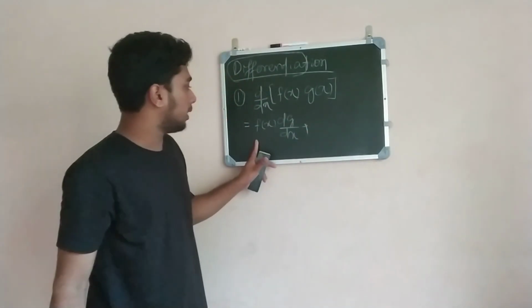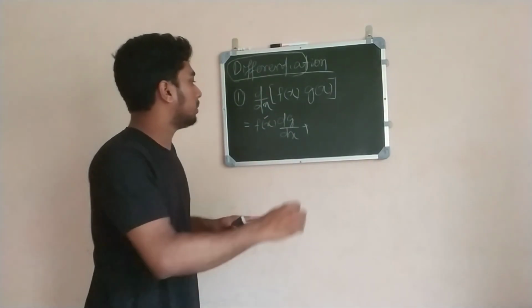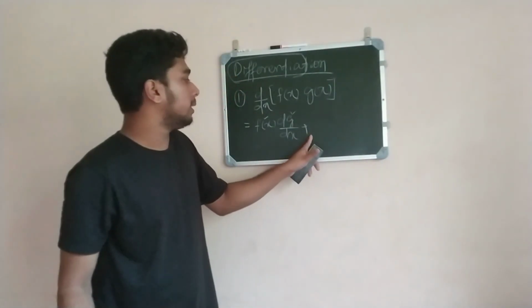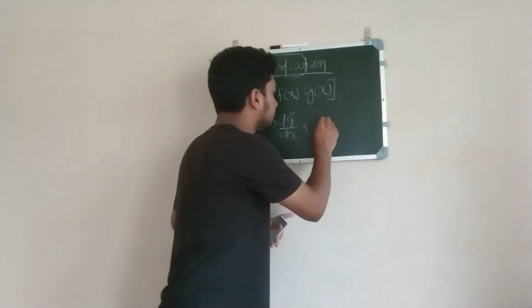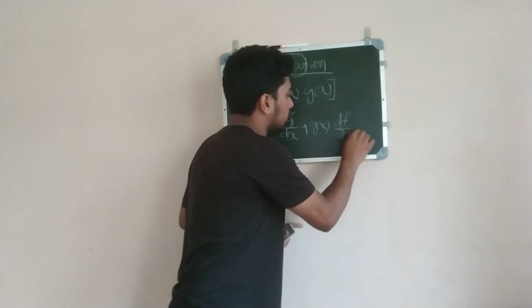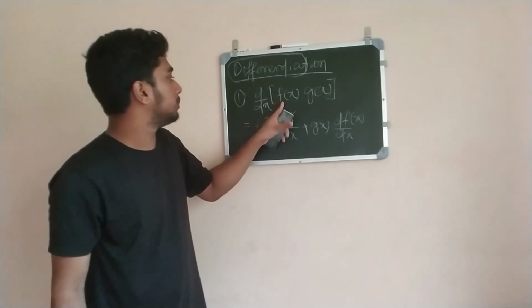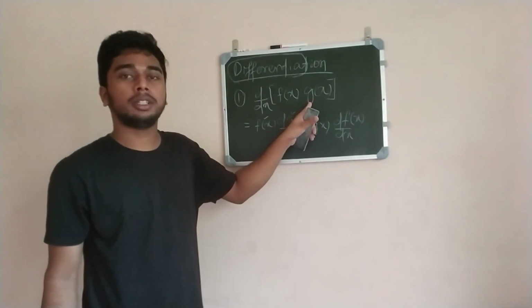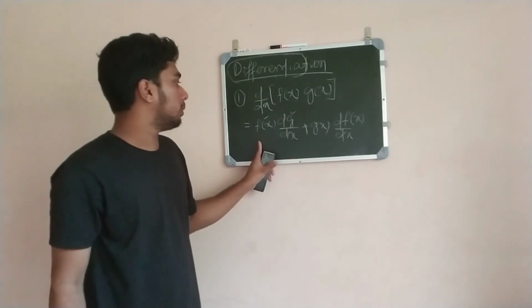Then I write the opposite: I leave g of x and take the derivative of f of x. So this is how we can find the derivative of the product of two functions.